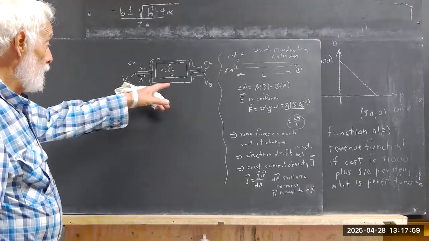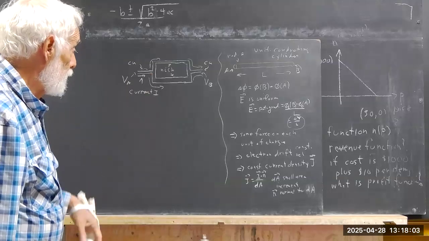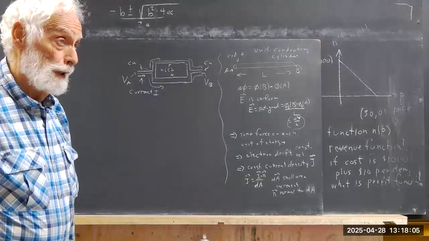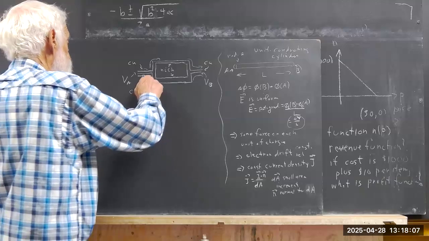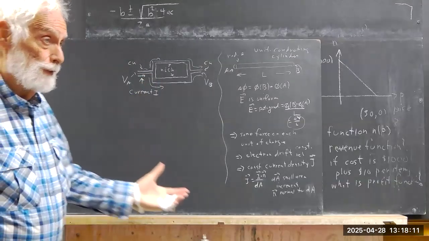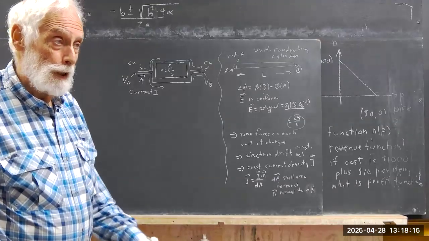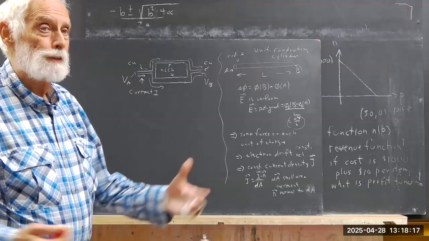So total current through here and here equals the current going in, and that equals the current coming out. It's one of Kirchhoff's laws. Very simple reason for it. Current can't accumulate at a branch point, so what goes in must come out.